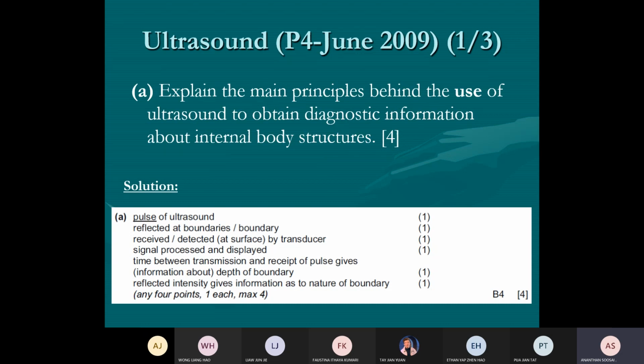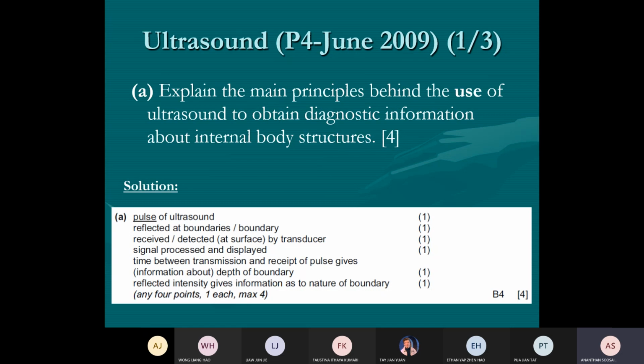Ultrasound is transmitted, reflected at the boundaries, 1 mark. Received and detected by the transducer, then processed and displayed, giving depth information. The time between transmission and receipt tells the depth of the boundary, 1 mark.